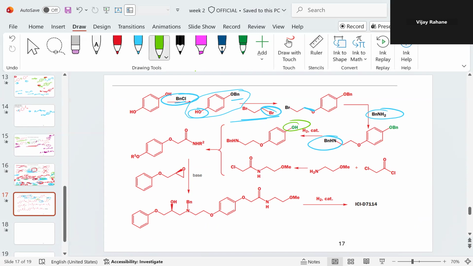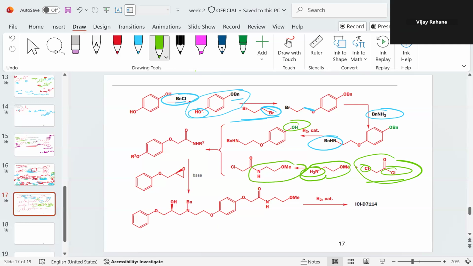And once you get the free hydroxy, if you look at the remaining part, this is the fluoro-substituted alpha-chloroacetyl chloride. This is coupled with NH2CH2CH2OMe. This NH2 will replace the chlorine from the acid chloride, so this is the amide form.